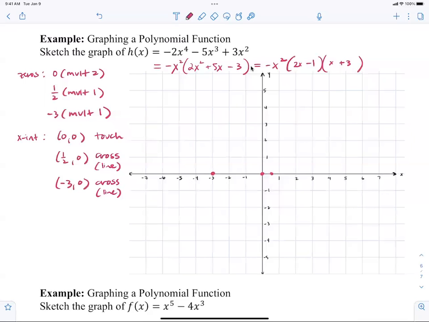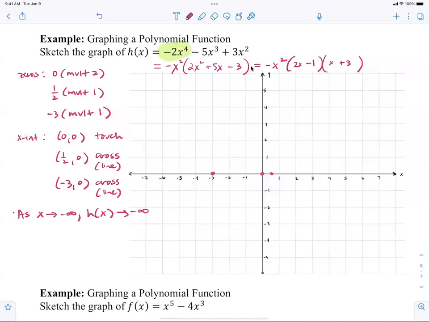And then let's think end behavior. So we're focusing on -2x to the 4th. So as x approaches -infinity, h of x would approach. Careful. So to the 4th power would be positive values, but then times -2 would be negative values.